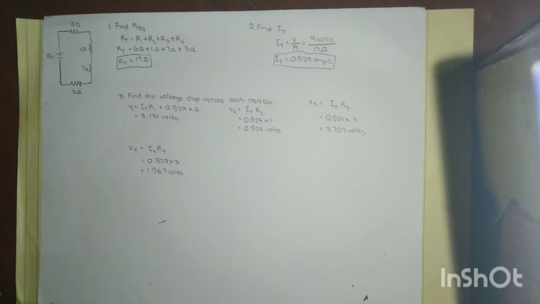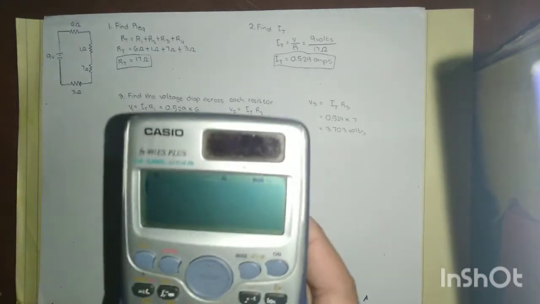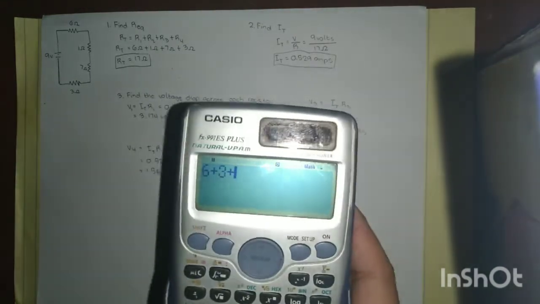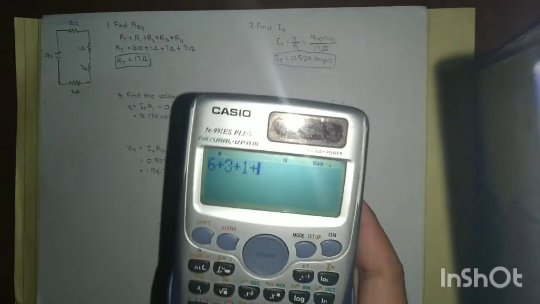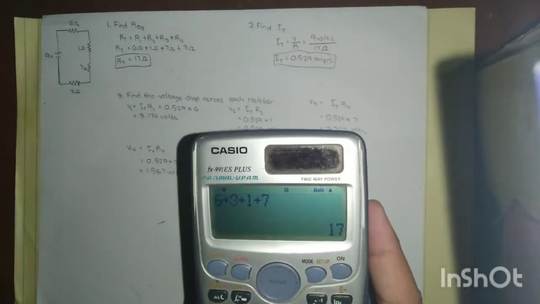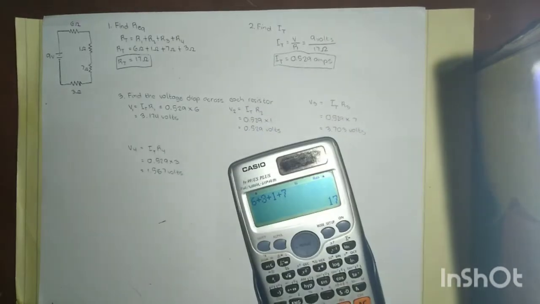To find the total resistance, we sum up: 6 plus 3 plus 1 plus 7. So the total resistance is equal to 17 ohms.